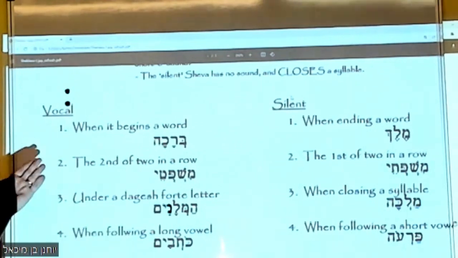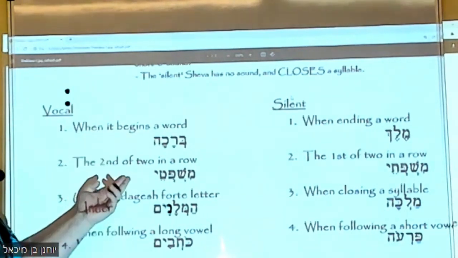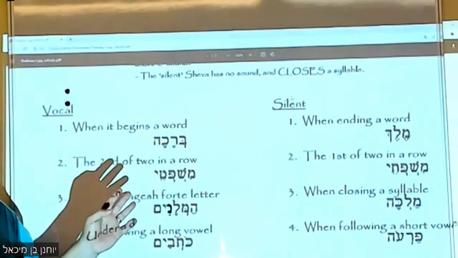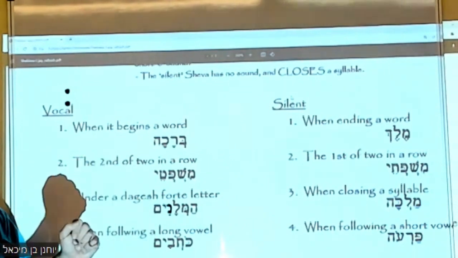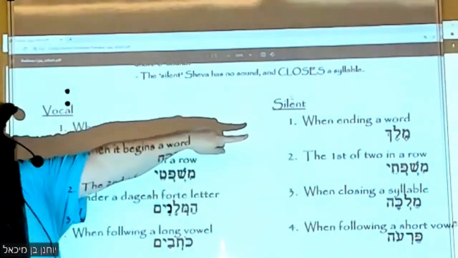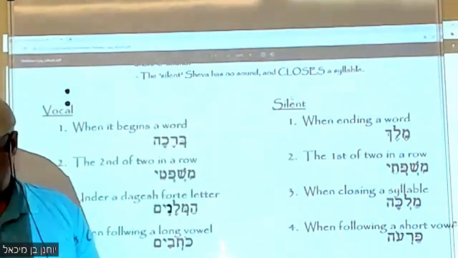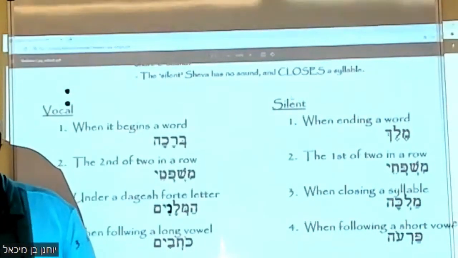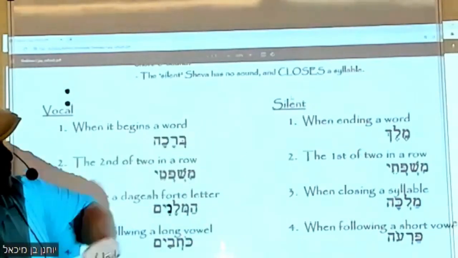So that's how we know that it's a vocal shva. Any of these cases here will make that a vocal shva. On the other hand, when we have a shva that ends a word, that's going to be a silent shva. What's our first word here?